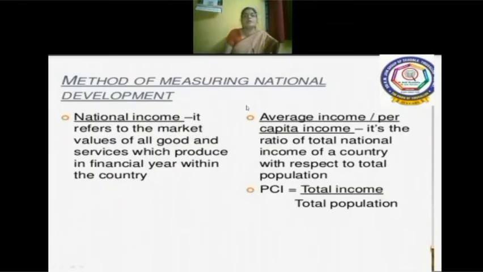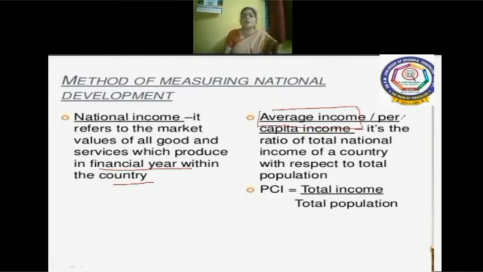Now, here the method of measuring national development is first the national income, which refers to the market values of all goods and services that are produced within the financial year in a domestic territory. So this is the actual national income of a country. Now, average income is nothing but the per capita income.